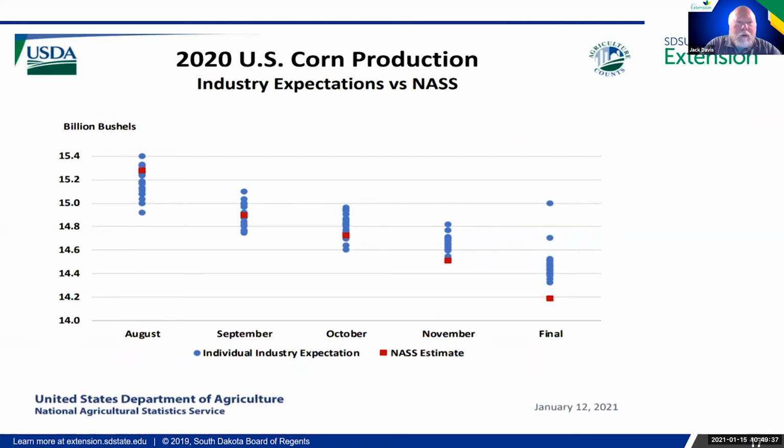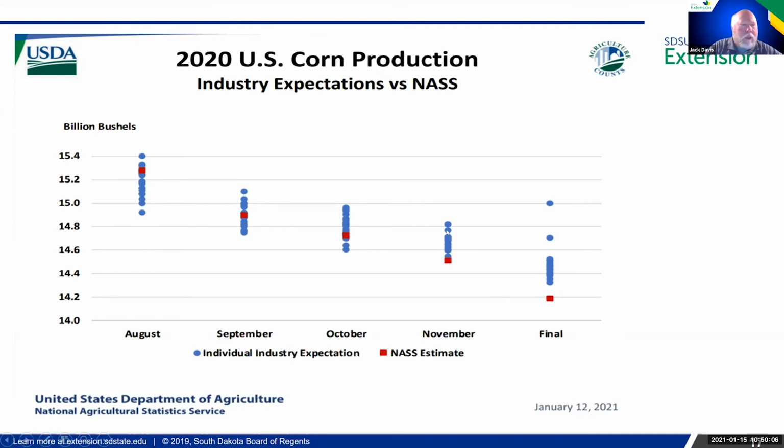And this is really probably what drove our market rally this last fall and coming into this year was the industry expectations were off from what USDA was estimating or reporting. And especially November, they're not showing December here, but also then the final.